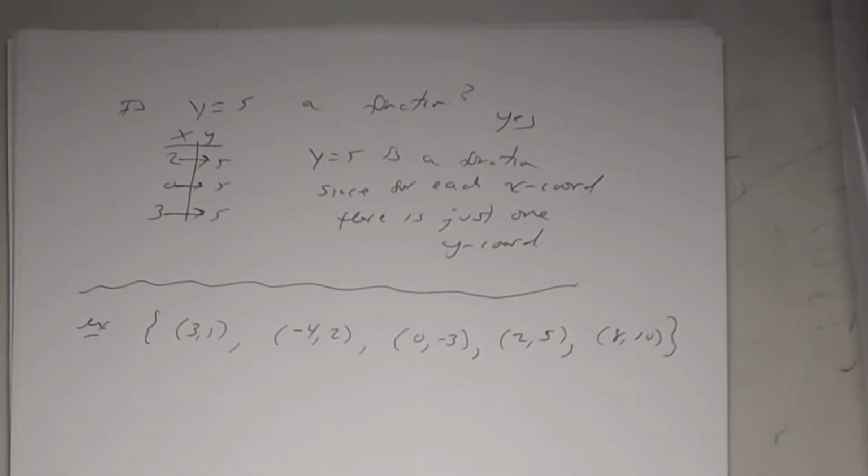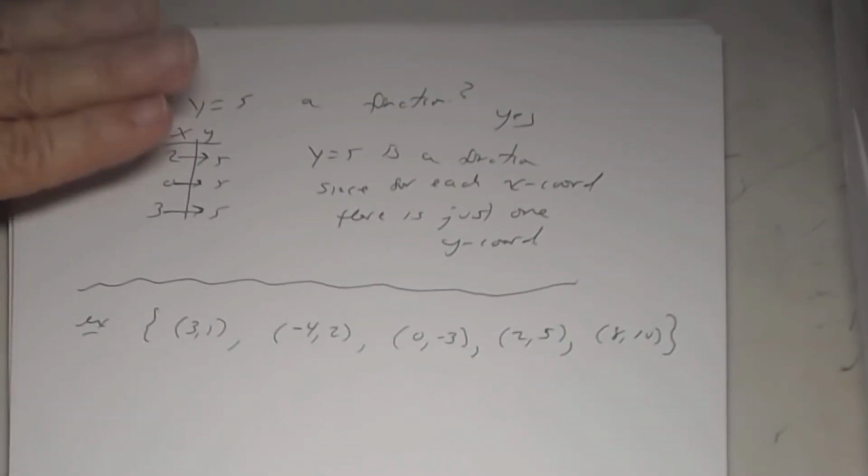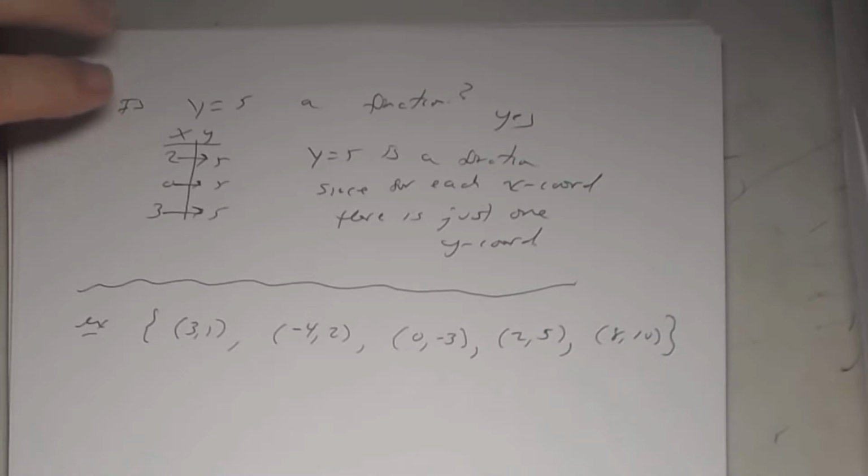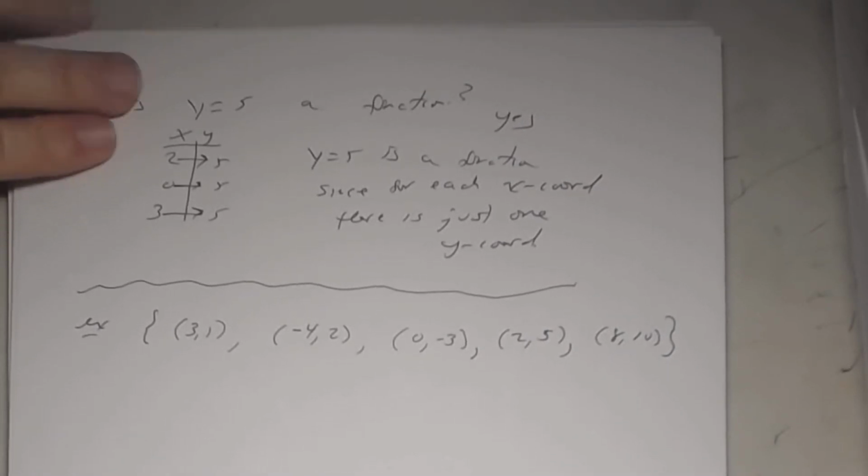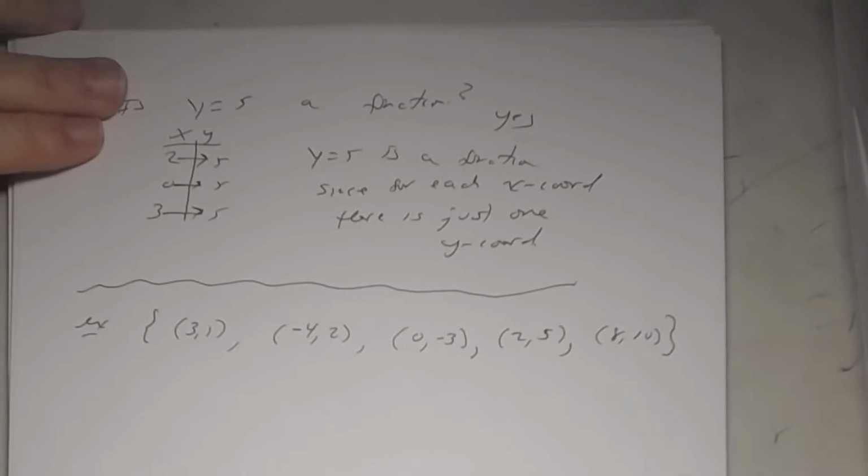Why is this set called a relation? It's a set of ordered pairs. How many ordered pairs do you see? 5. So it's a finite set, finite counting. The previous example was an infinite set of ordered pairs. This is a finite set.